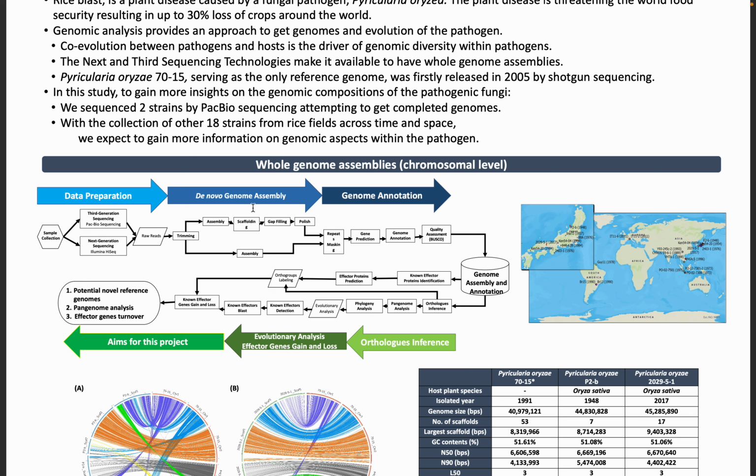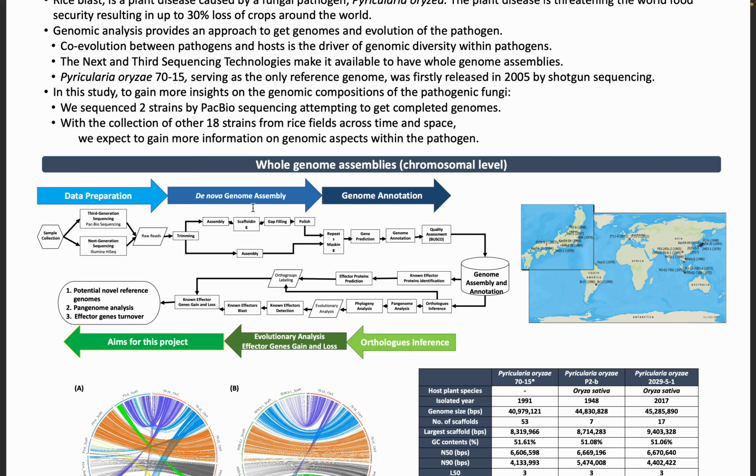We tried our best to do the de novo genome assembly because it was not an easy process actually. After that, we could obtain the genome annotation and then get the ortholog inference.